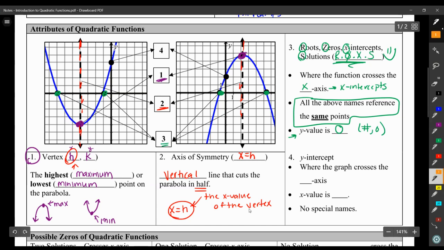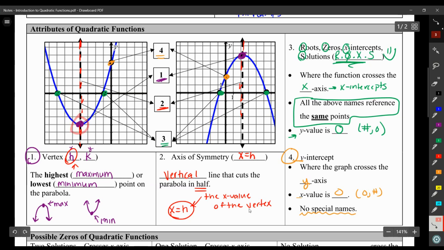And finally, we have this orange coordinate here, number 4, and that is where the parabola crosses the y-axis, which is called the y-intercept. In this case, the x value is 0, so it's always 0 and then a number. There are no special names for the y-intercept. So those are the 4 pieces of a parabola that you need to be able to pick out.